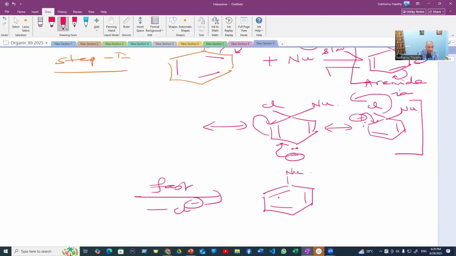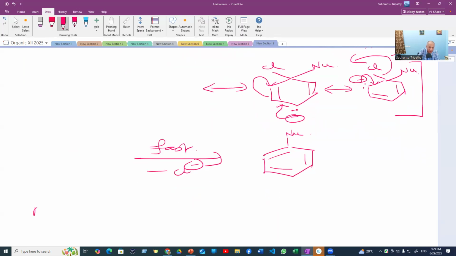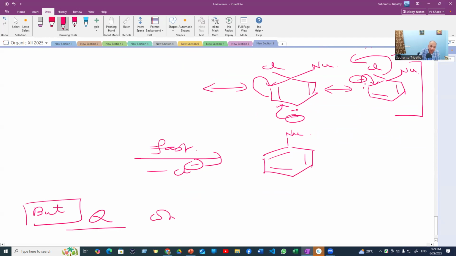So this is it, but there is a big but. I'm sorry. It's not that simple. The question you are sometimes asked in NCERT: why is ArSN reaction difficult in halobenzene?